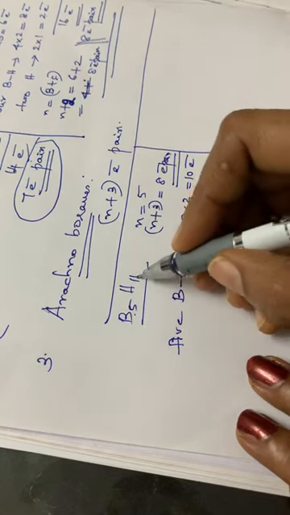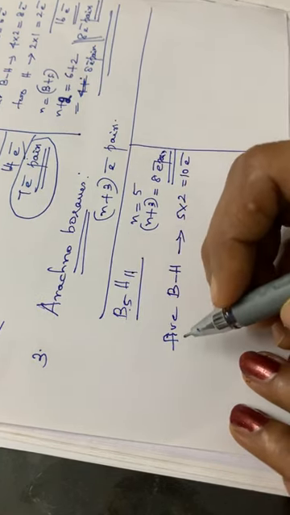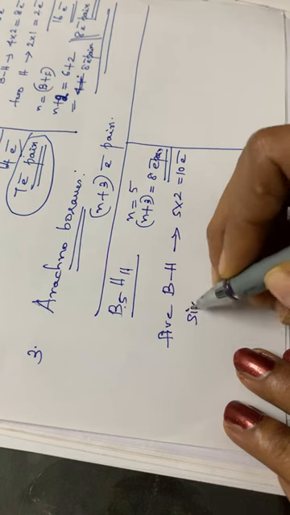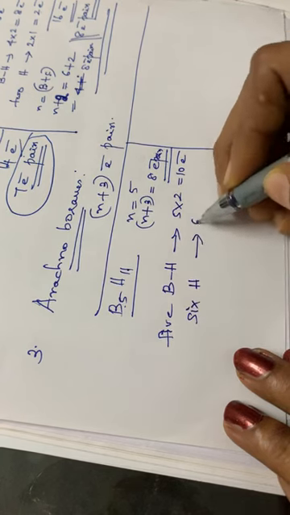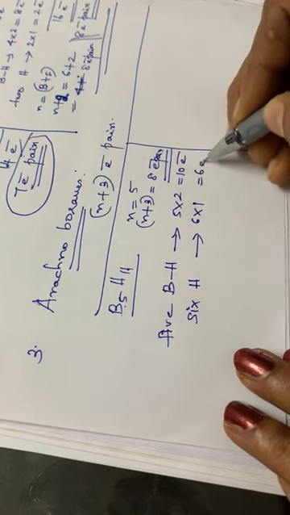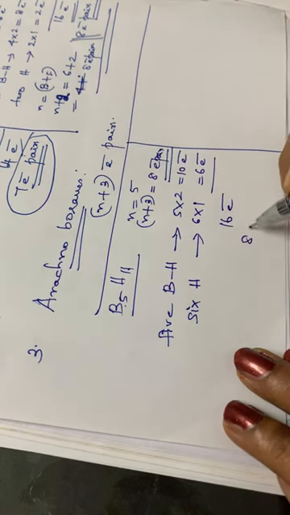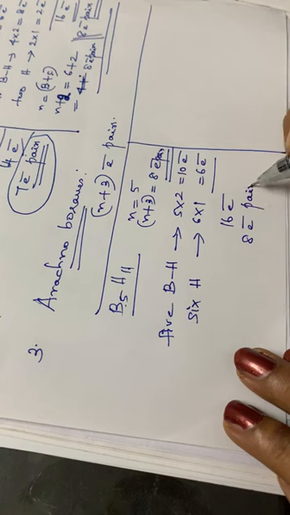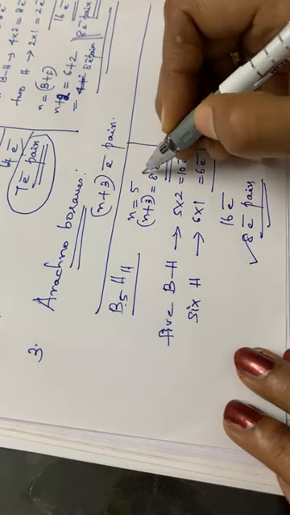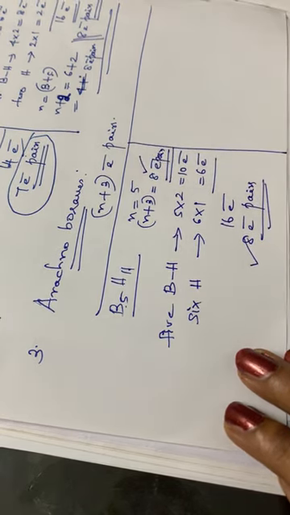Then the remaining 6 hydrogens, 6 into 1, that is 6 electrons. So in total 16 electrons, or we can say 8 electron pairs. Here also we obtained 8 electron pairs.